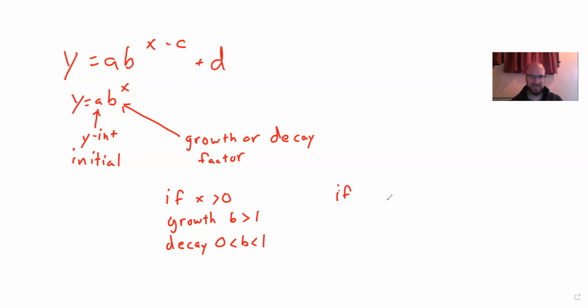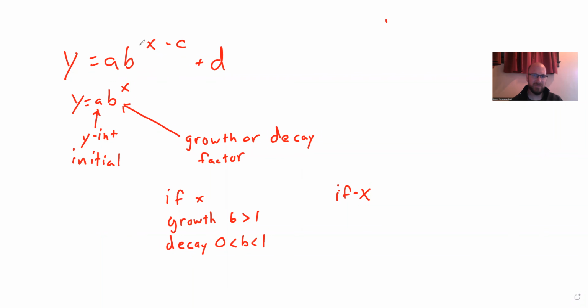If, however, x is negative, so there's a negative up here for the x, actually, I shouldn't say this is x is less than 0. I should say if it is negative x, because I don't want to refer to x values, I want to refer to x's. There's a negative in front of the x.